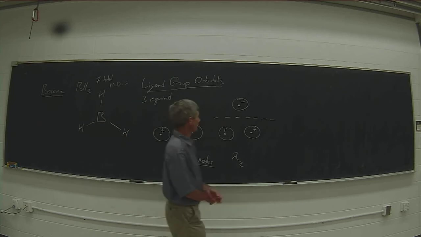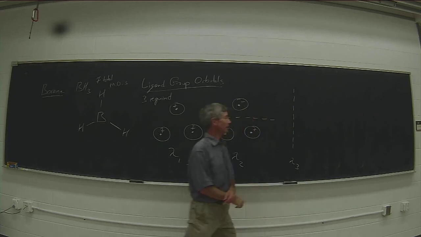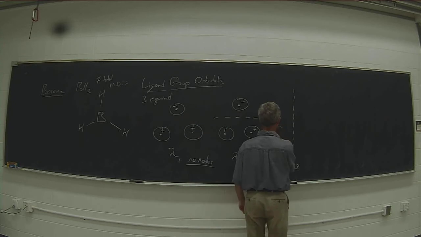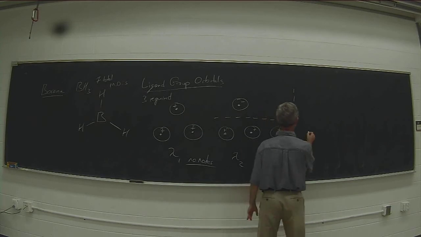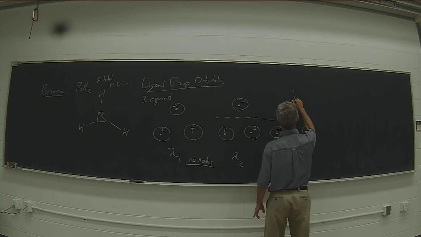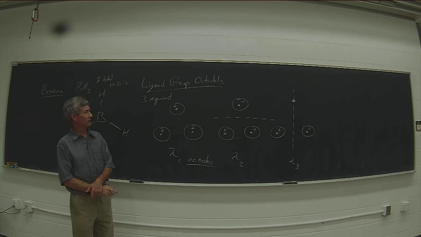each other. If we do that, then we want our 3rd ligand group orbital, lambda 3, to have a node on the vertical plane, which means that the 2 lower hydrogen 1s orbitals will be out of phase with one another. But it means that the node goes straight through the center of the other hydrogen.